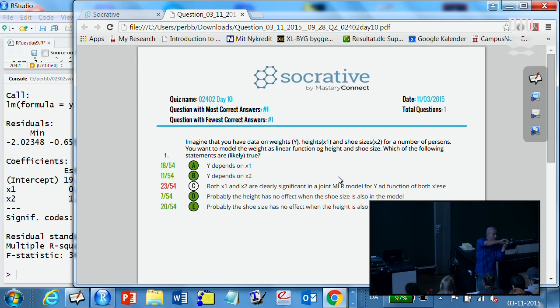If we speculate that shoe size and height of us are almost exactly correlated, then you couldn't identify an additional effect of height given your shoe size. If you take all people of shoe size 40, they're exactly the same height. And you wouldn't be able to identify the potential additional effect of height, if there is one.